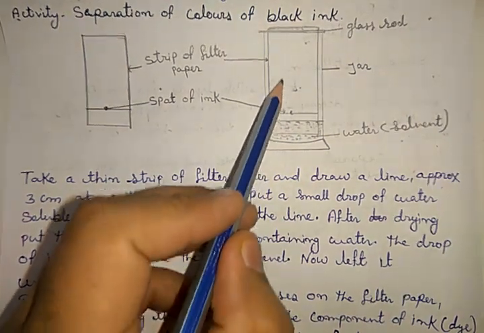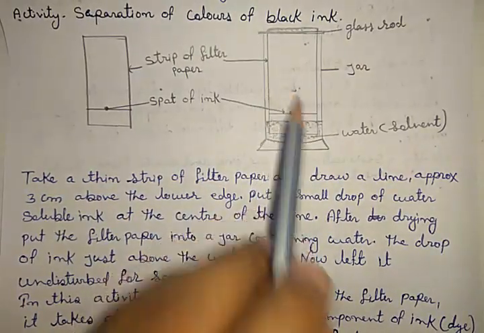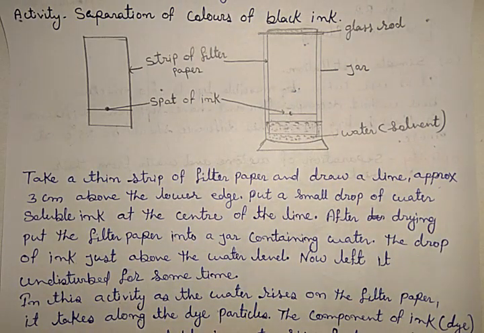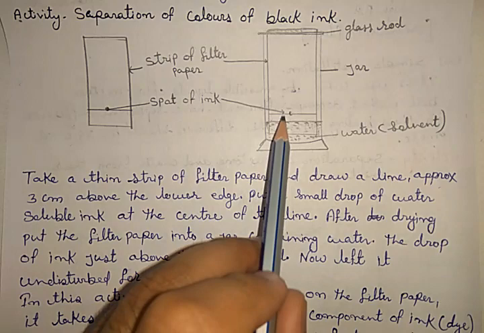Here, the water rises up, because as you know this is filter paper and paper has the absorbing capacity for water. It is known as capillarity. If you don't know, then it's okay.